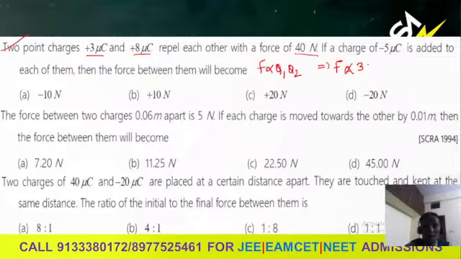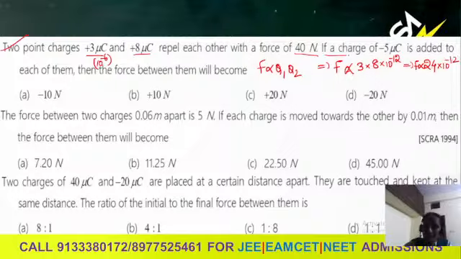Here we can take proportionality and calculate directly. They are not asking for a constant, only how the force is affected. 3 into 8 into micro is a prefix value, you need to take it as 10 power minus 6. So substituting, 10 power minus 6 into minus 6 will become 10 power minus 12. So F is proportional to 24 into 10 power minus 12.